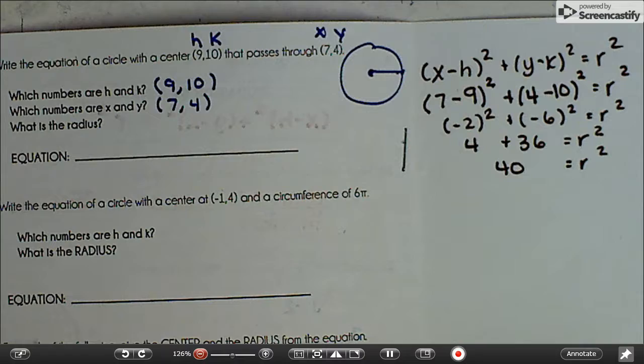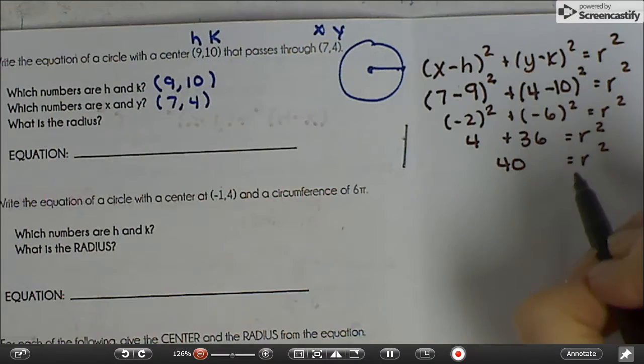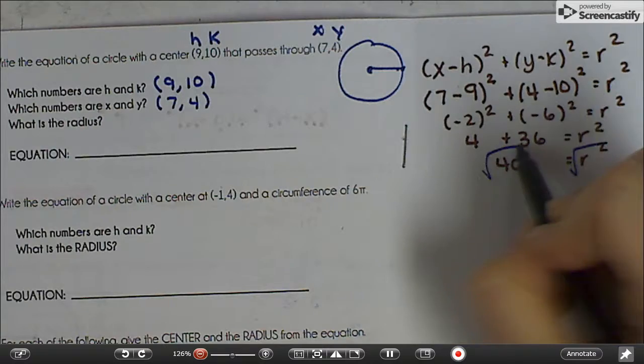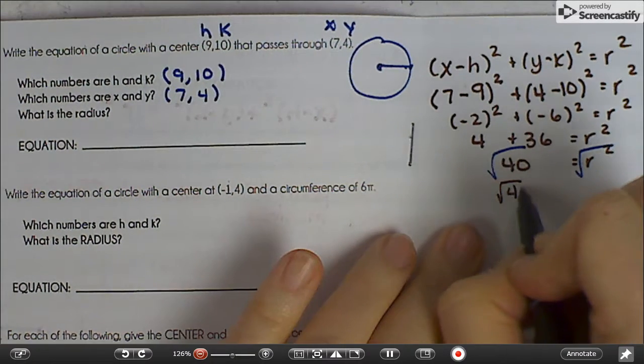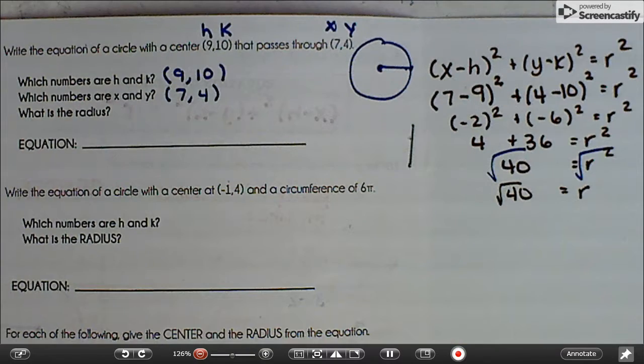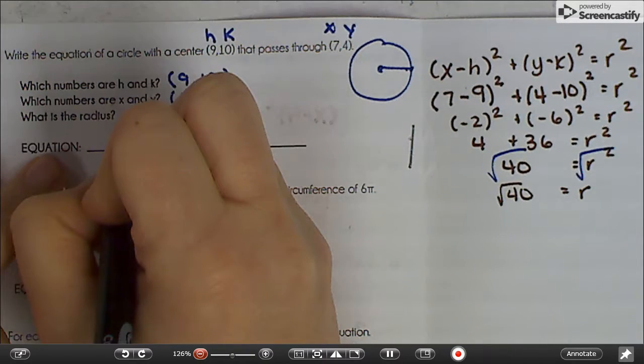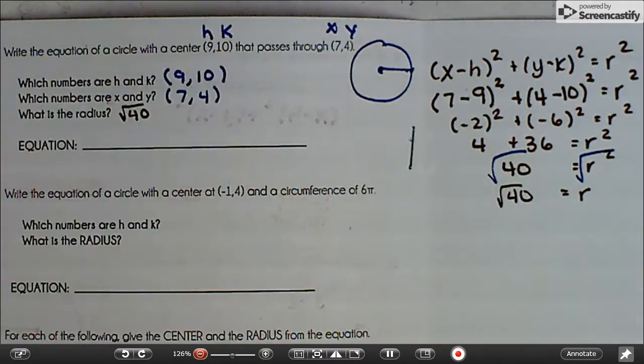So the radius squared is the value we just found, which is actually helpful right there. But if you want to know the radius by itself, take the square root. So the square root of that equals the radius. And now we have that information. And we could put that in simplified radical form, but for the moment, I'm just going to leave it.